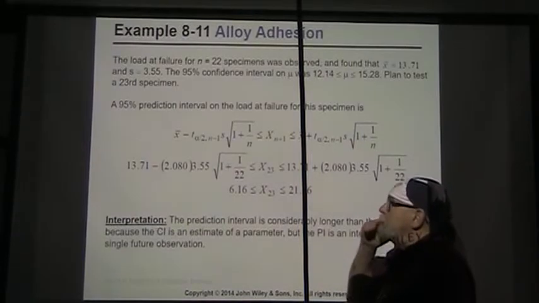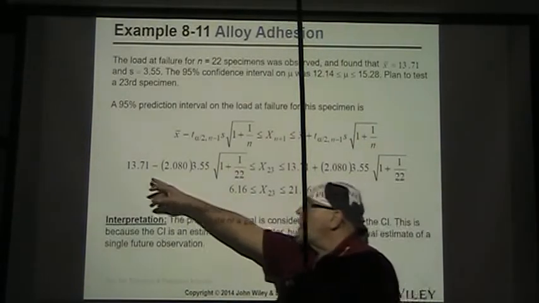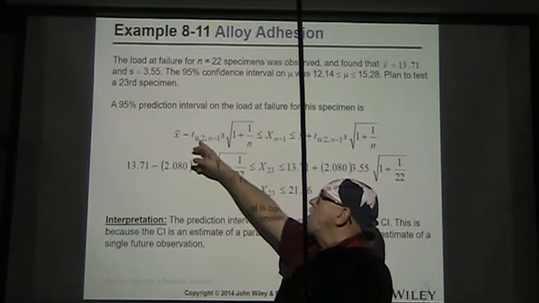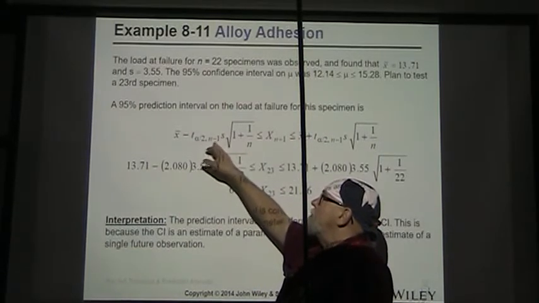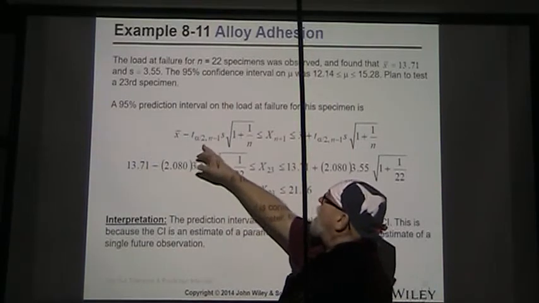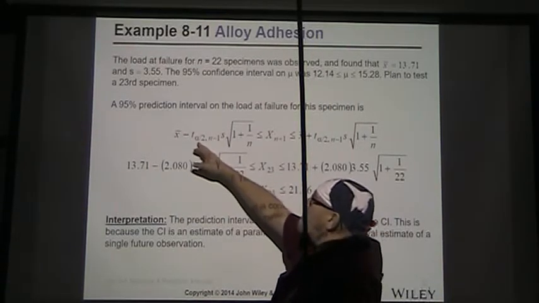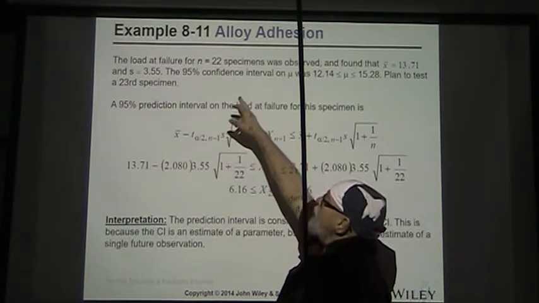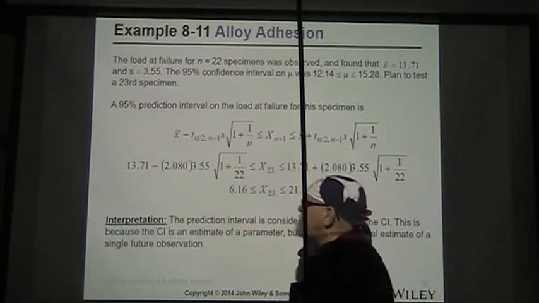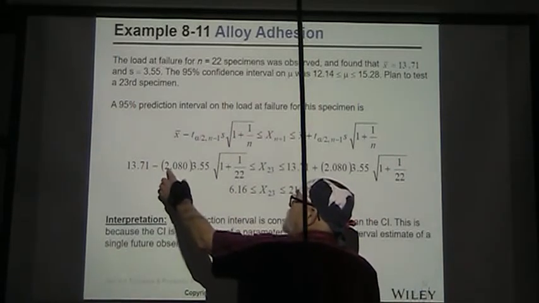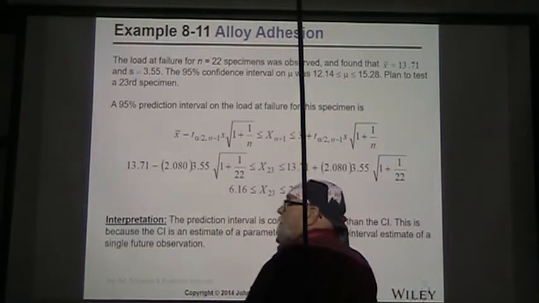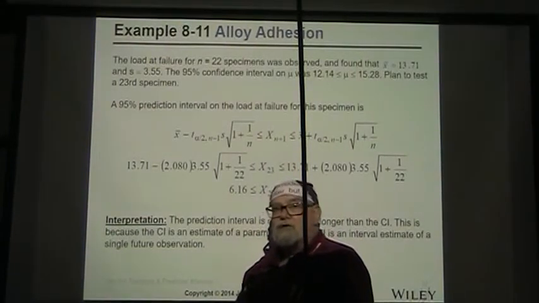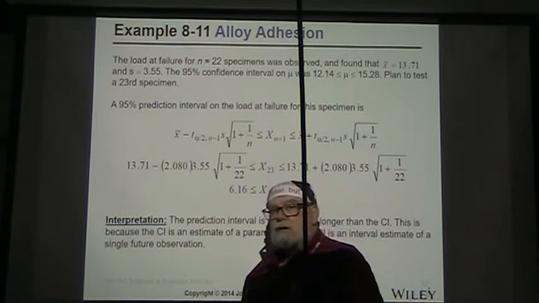For our t alpha divided by 2 with n minus 1, alpha divided by 2 is going to be 0.025, n minus 1 is going to be 21, and that is 2.080. I'm assuming you've been watching my videos and know how to find that number.